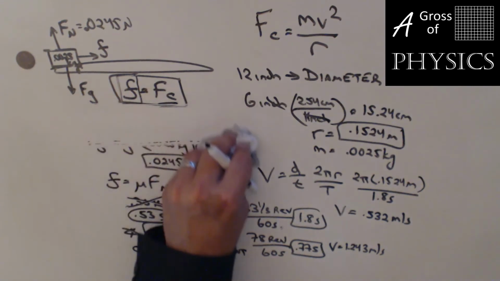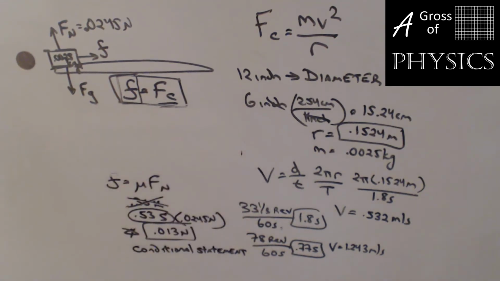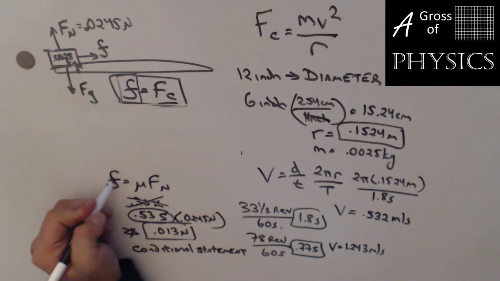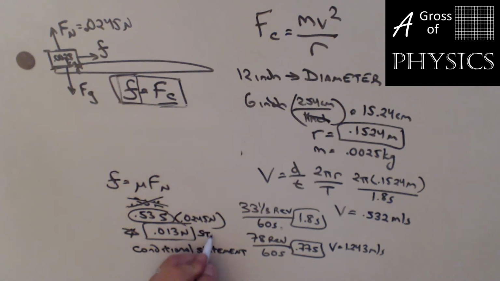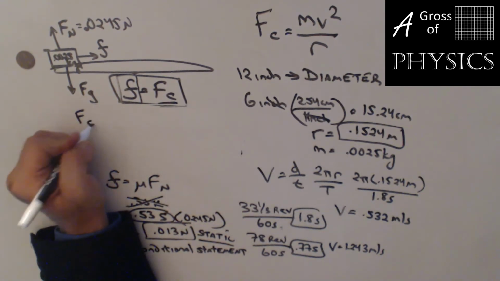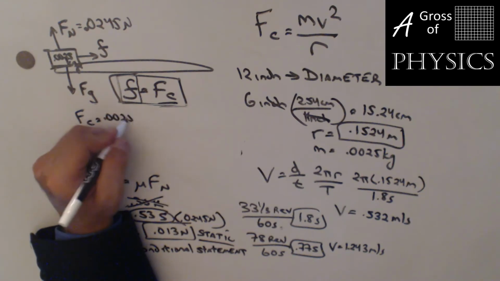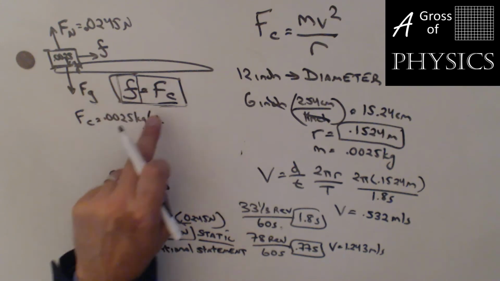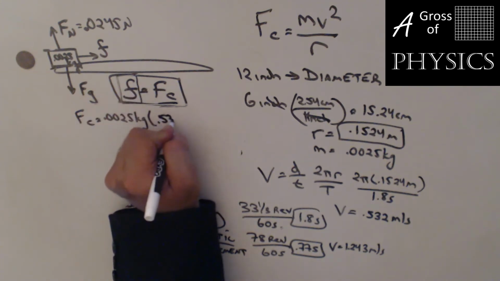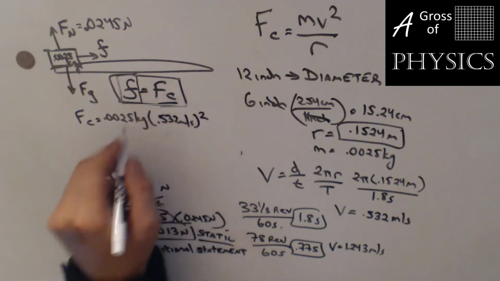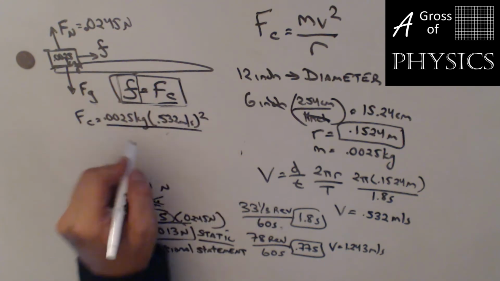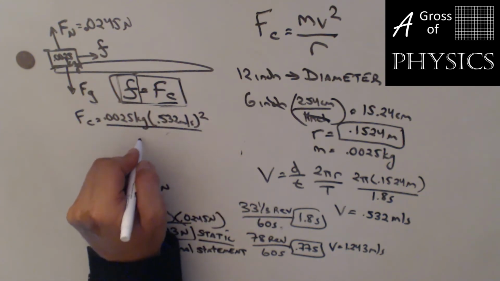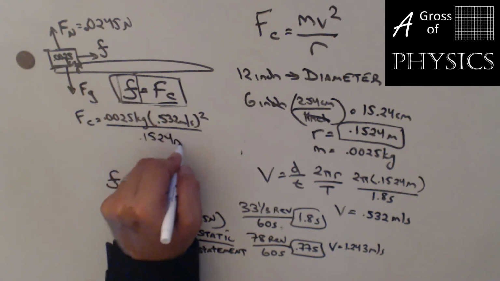Now, at this point, we need to figure out which centripetal force is going to be greater than or less than the 0.013, which is the maximum static. This was the static friction. Well, if I go back to my centripetal force equation, it's 0.0025 kilograms times 0.532 meters per second squared, all over the radius, 0.1524 meters.